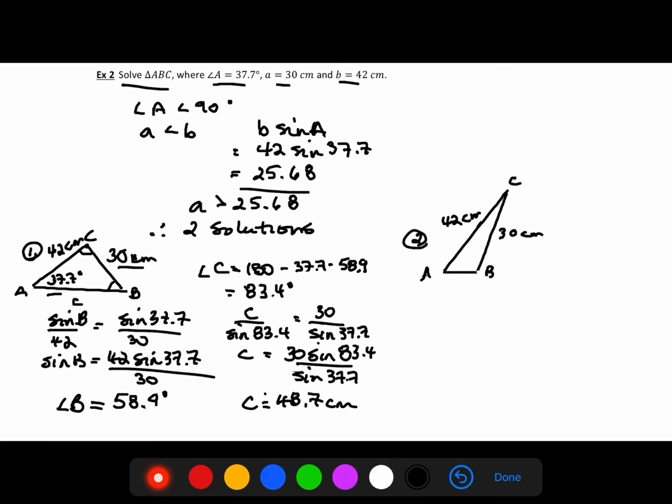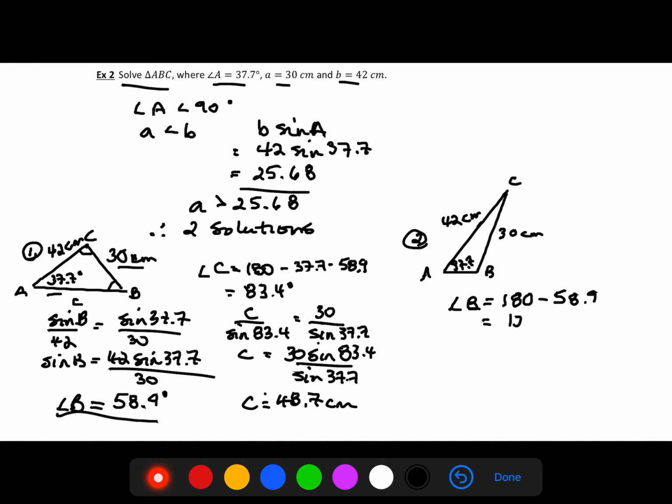Side a is still 30, side b is still 42, and angle A is still 37.7. Now angle B is going to be the supplementary angle.